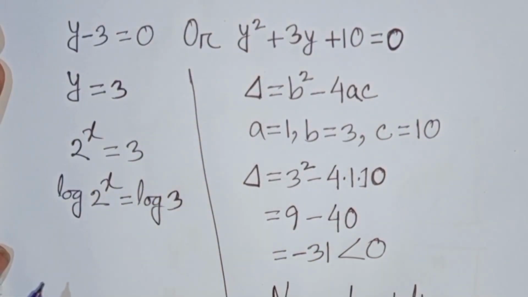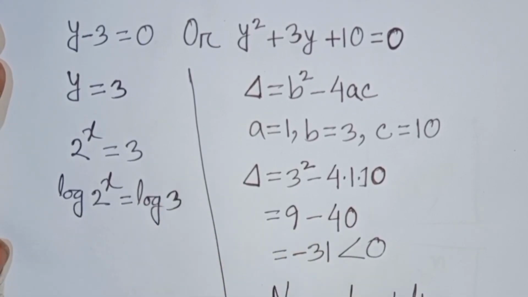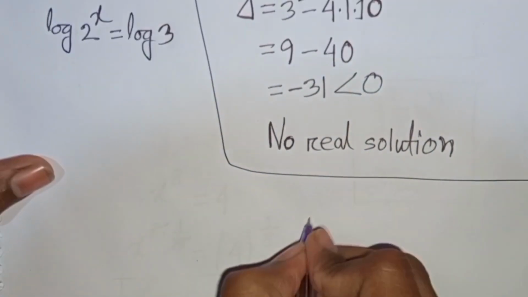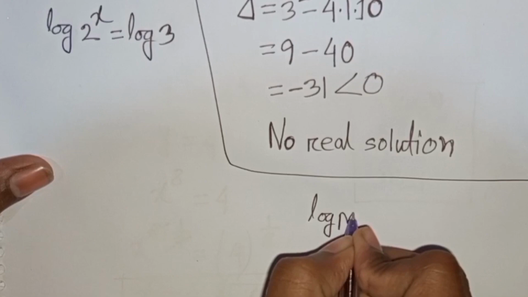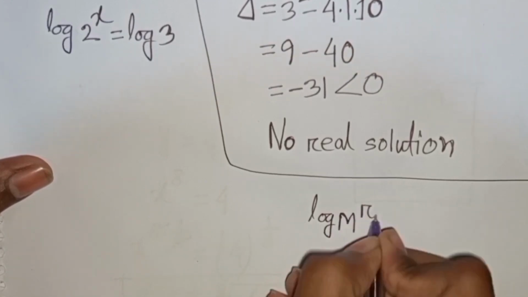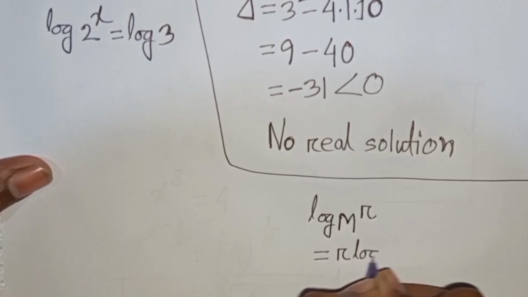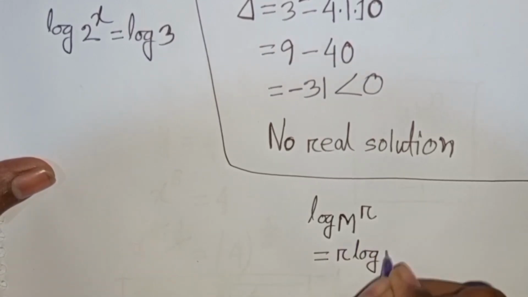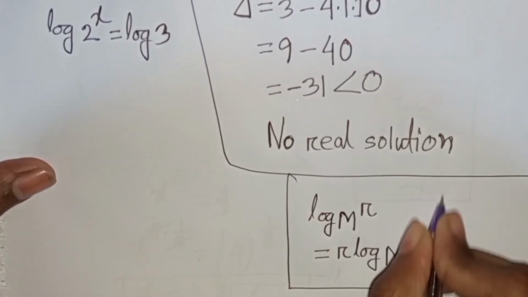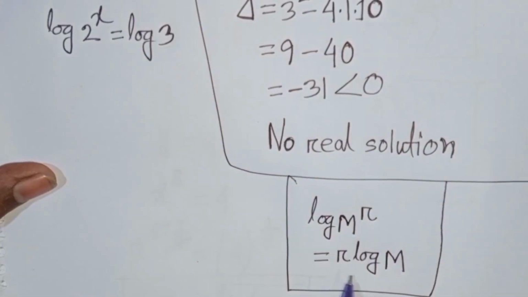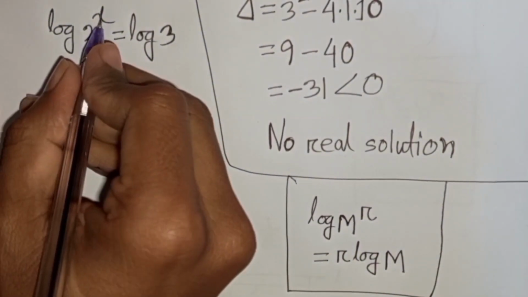Now here I can apply the rule that log m power r is equal to r log m. That means this power moves to the front. So according to this rule, this power x will move to the front.